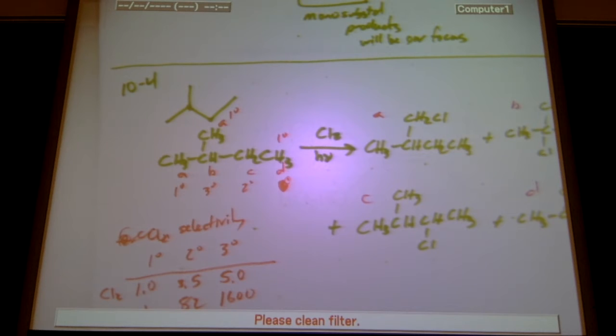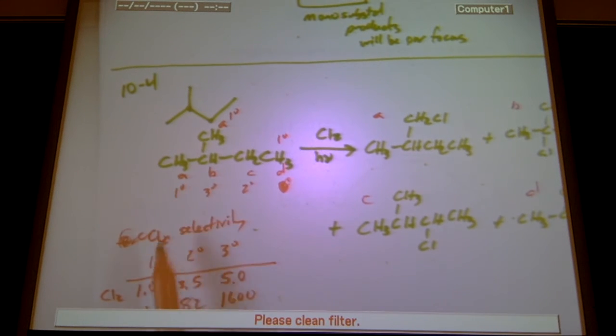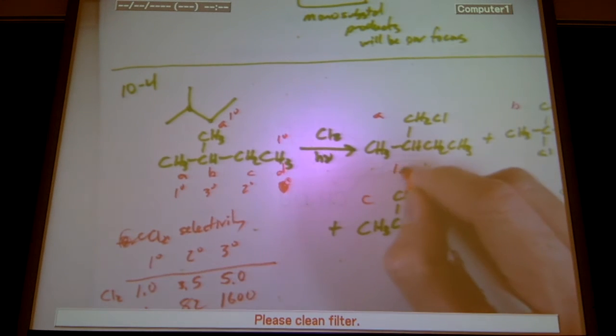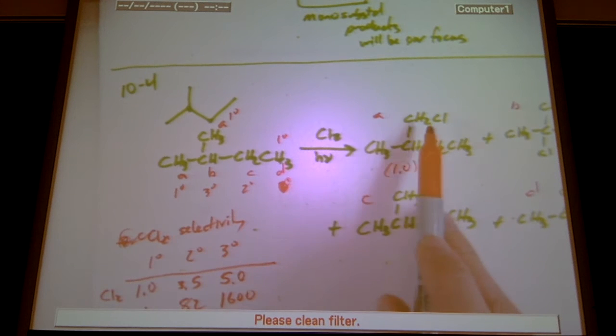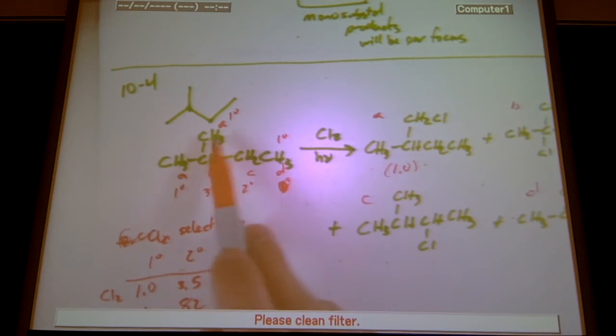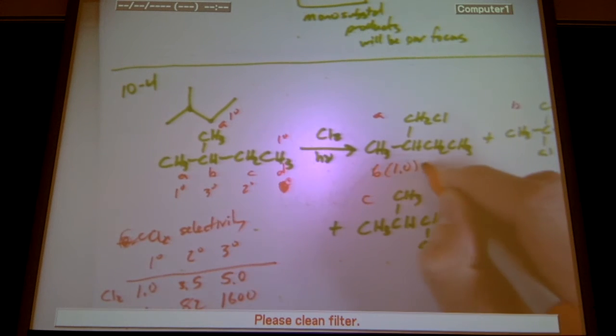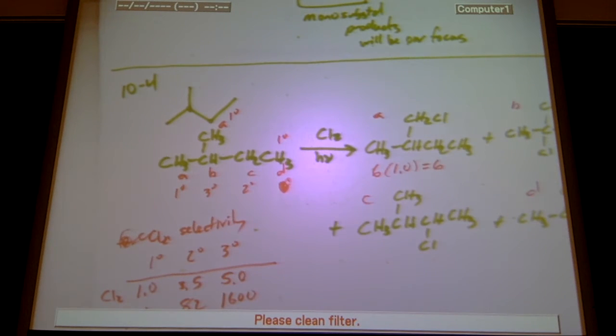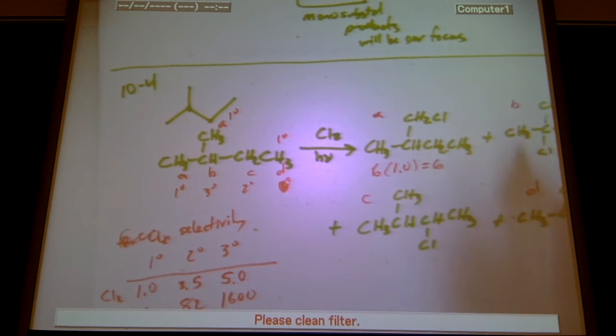So if I look at A, it is primary, so the selectivity ratio of that is 1. But I have to take into account the number of those types of hydrogens. So on A, I have 6 of those hydrogens. So I take 6 times that ratio. If I look at B, B is tertiary, so that's 5, and I only have one of those.